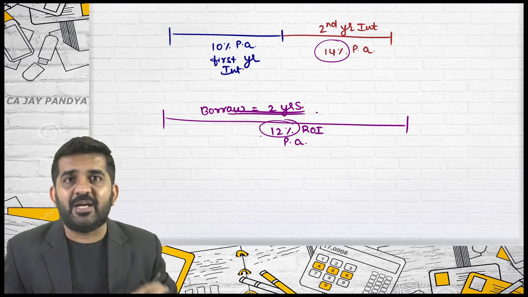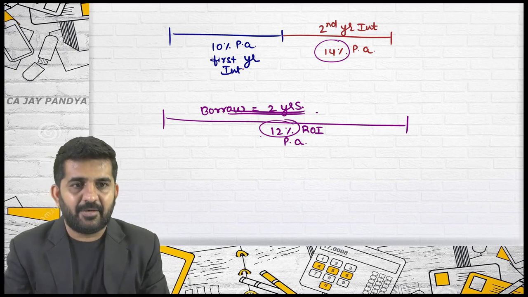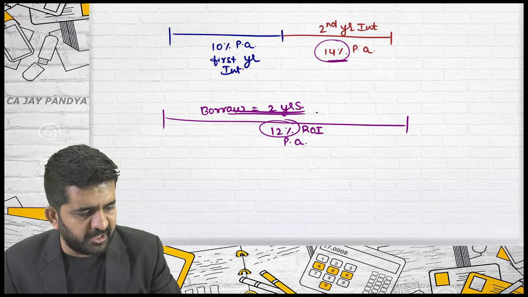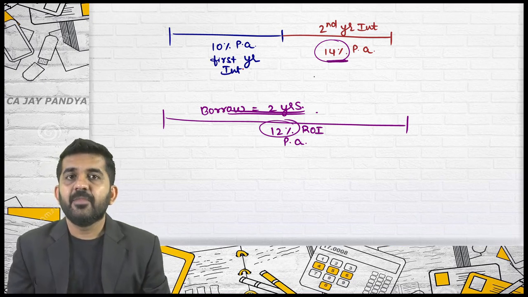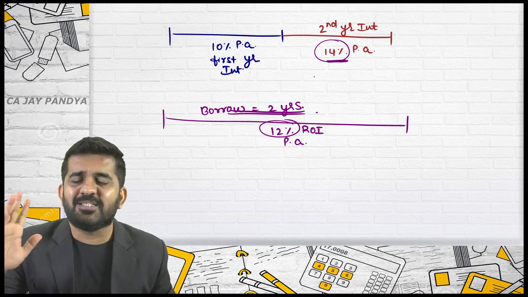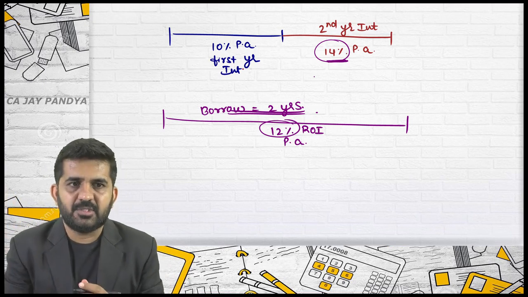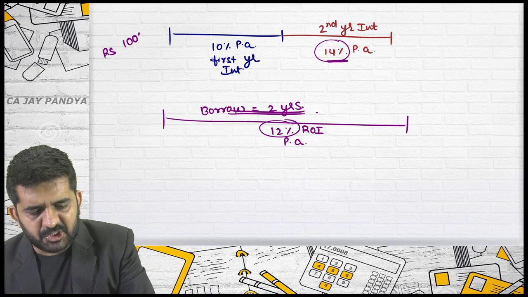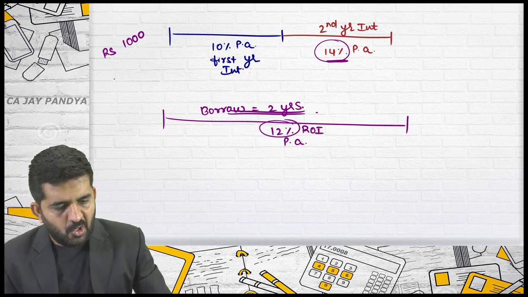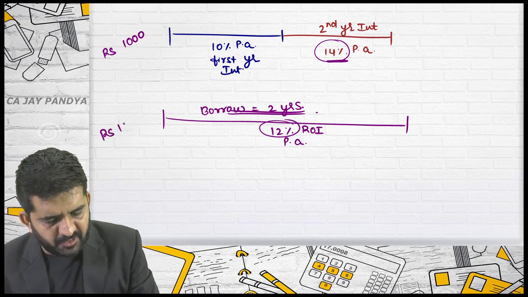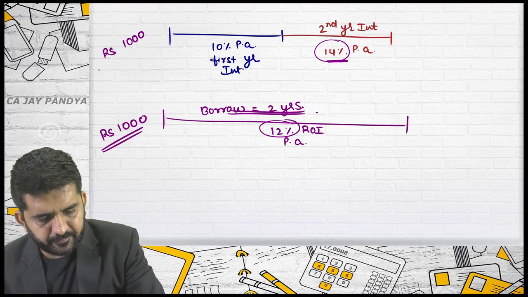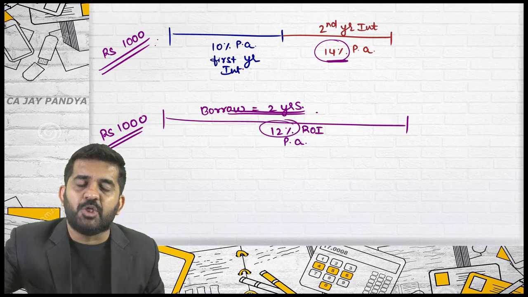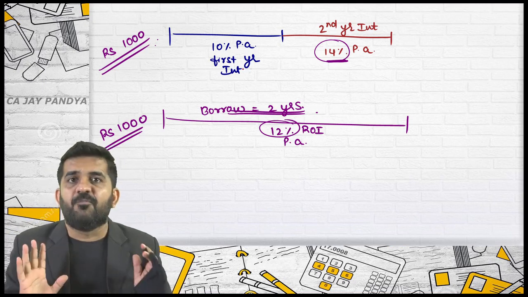Please try to understand how I have found the answer. Is it alright? See, these are all market rates of interest. This is the rate quoted by a bank. Let us understand you are a borrower. If you borrow rupees 1,000 from this route or rupees 1,000 from this route, in both the cases you are borrowing 1,000 today in two different routes.